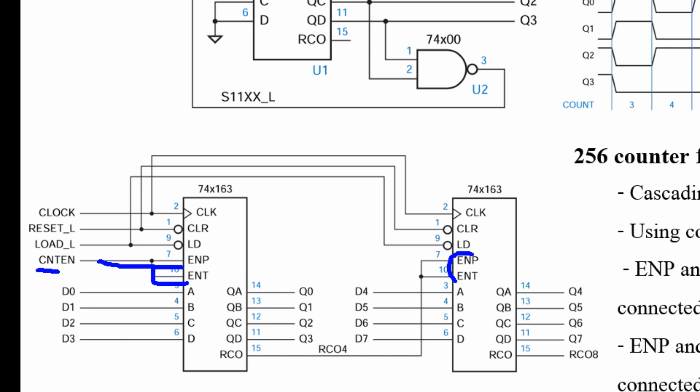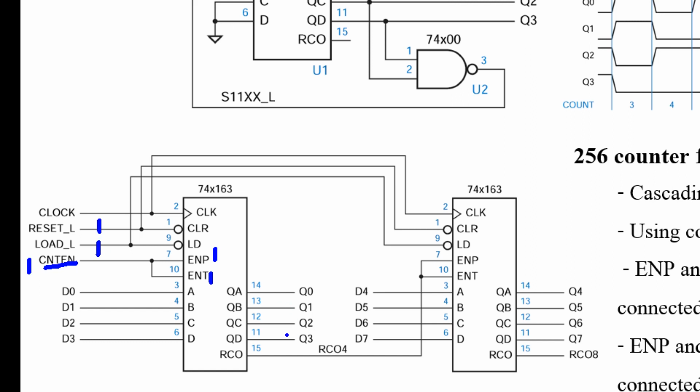For this enable, it comes from RCO. For example, if counting enable is 1, enable P and enable T are 1, 1 now. And with not clear and not load at 1, 1, it is in counting mode.